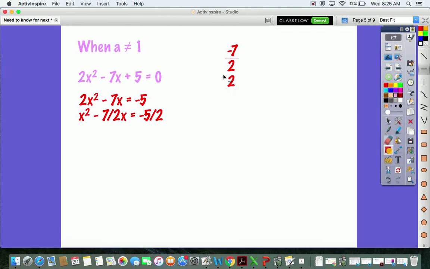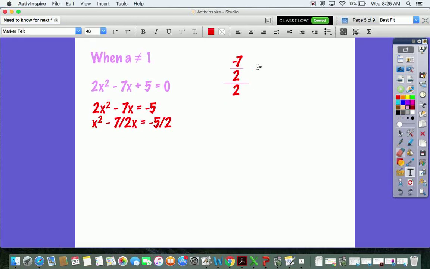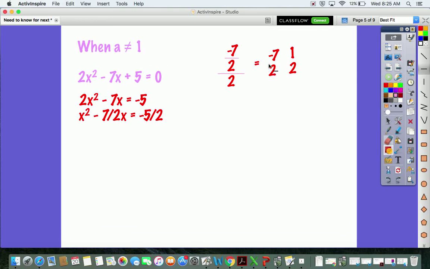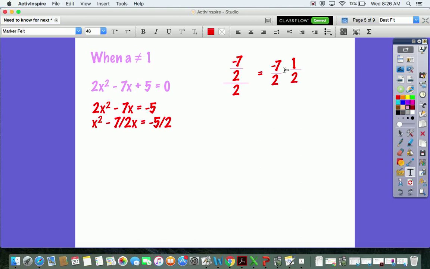So when we keep, change, flip, that will end up giving us a negative 7/2 times a 1/2, because you flip the denominator, which is a 2. So you're going to end up multiplying those together, and we're going to get a negative 7/4.